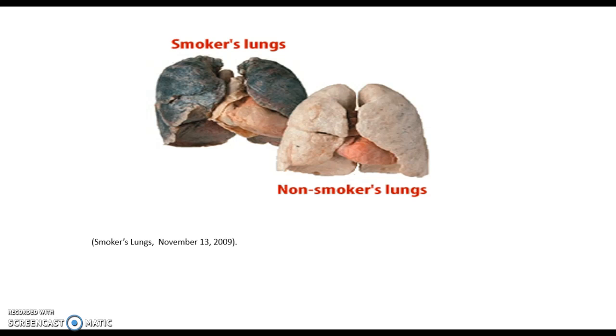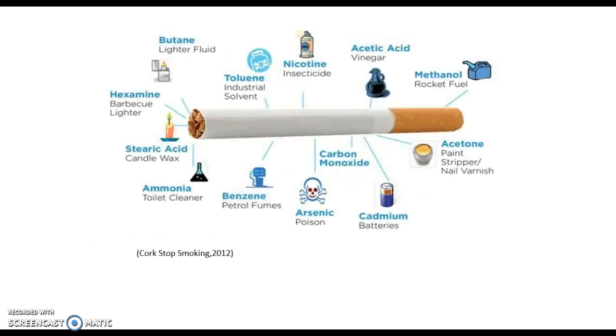The cough is just our body's way of trying to get rid of those toxins that are in our lungs. So there are lots of not nice things that can happen by smoking.